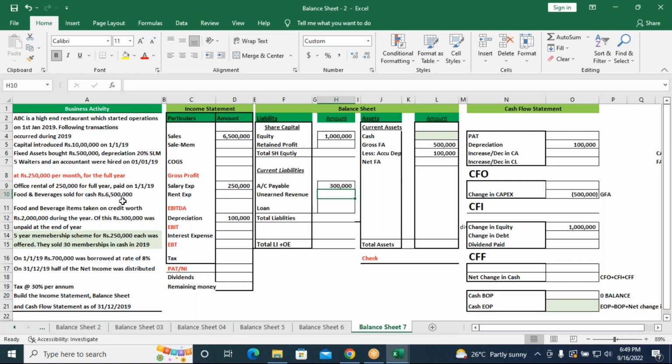They are just telling directly that for this year we have sold for 65 lakh, so we take the value directly. Then they are telling that food and beverage items were taken on credit, meaning we purchased 20 lakh rupees worth, out of which we have not paid 3 lakh rupees. That means 17 lakh was cleared. Okay, understanding?